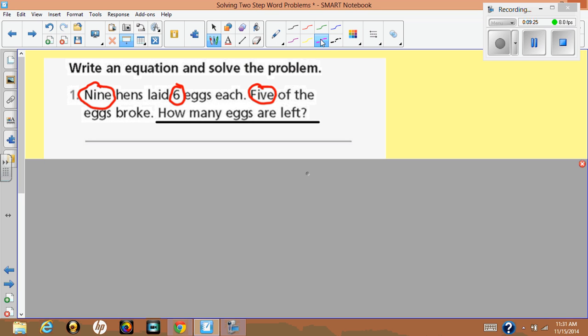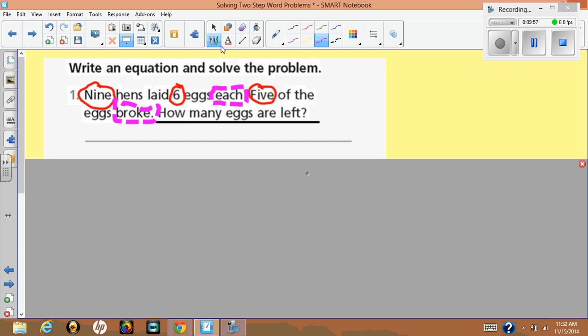I think that one of the key words that we should box up is each, because we need to know that 9 hens laid 6 eggs each. And then another one is we need to identify that 5 eggs broke. That's a key part of solving this equation. So let's go ahead and break it down.